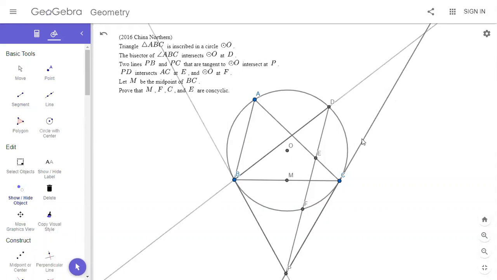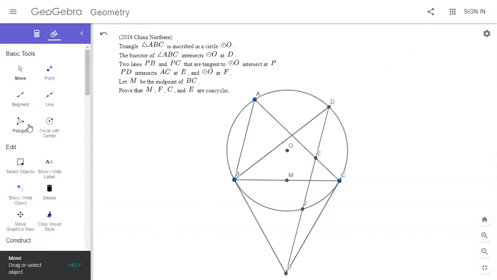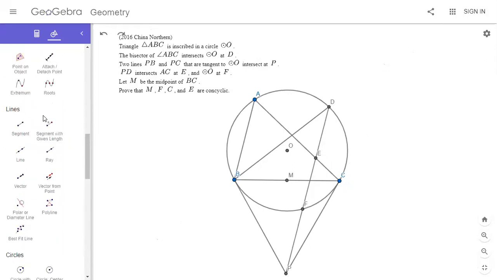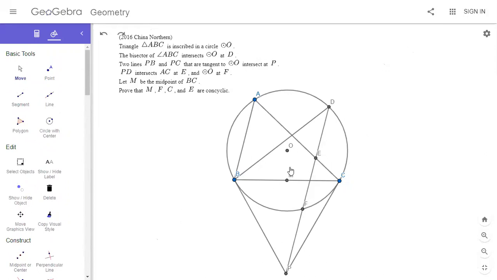Let's see. So check it. Yep, MFC is indeed cyclic. It looks like it's just an angle chase, but I don't know, maybe it might use Pascal's theorem or something. So yeah, OM and P are collinear by symmetry. Let's see.